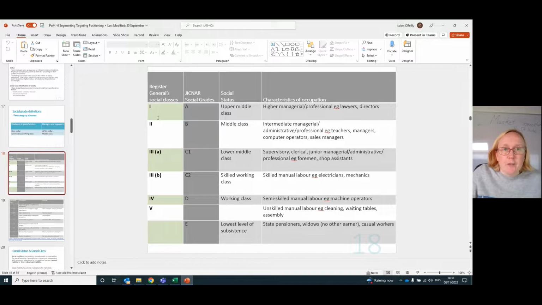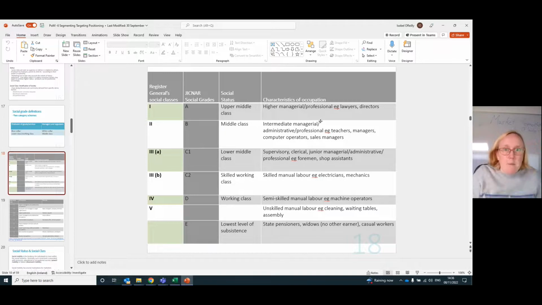The first ones, the Registrar General's, as you can see, are in Roman numerals from 1 to 5, and the JICNAR social grades are from A to E. In both cases, they have 5 classifications. In both cases, one of those has been subdivided. So we'll just quickly have a look.